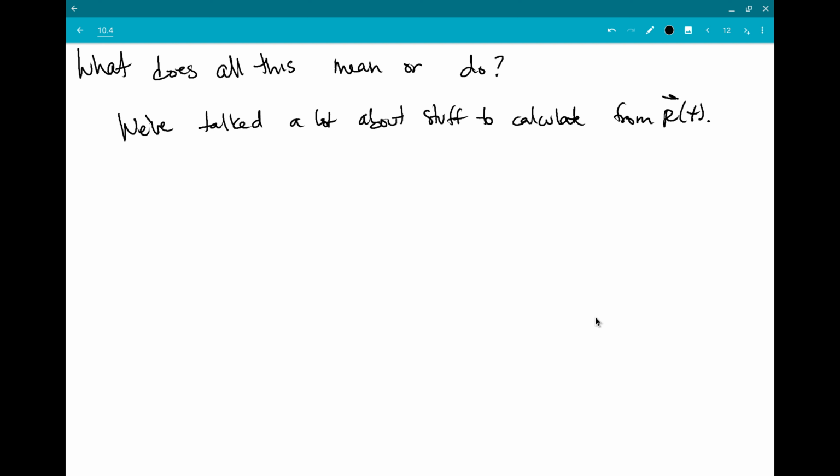And you can kind of think about R of t a lot of different ways. So maybe you imagine just R of t describing some wonky curve in space. So R of t is just any series of functions. That's kind of how we first learned to deal with it.